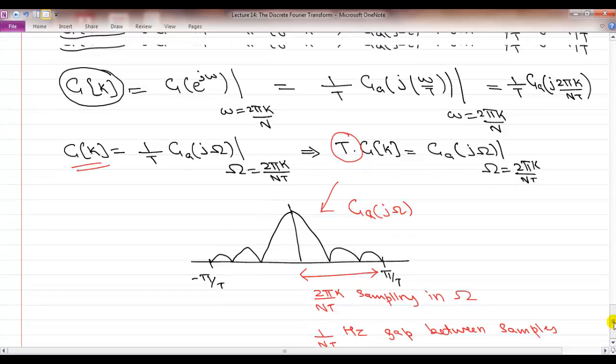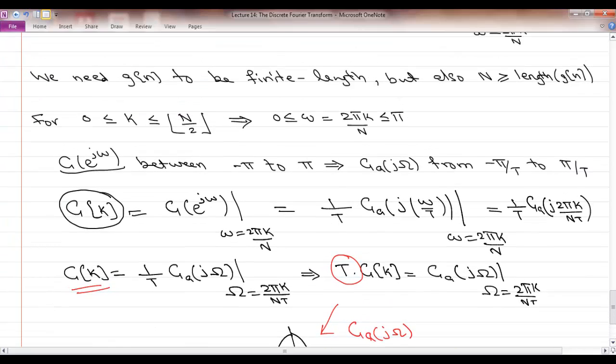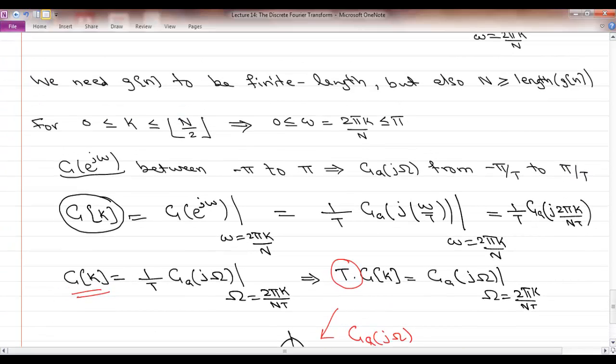For that, you have to keep this relationship in mind, that as k goes above N by 2, you are actually sampling the DTFT from pi to 2 pi. But there is no relationship between the continuous time Fourier transform and the discrete time Fourier transform from pi to 2 pi. The relationship is from minus pi to 0. So you have to do that kind of FFT shift that we talked about.